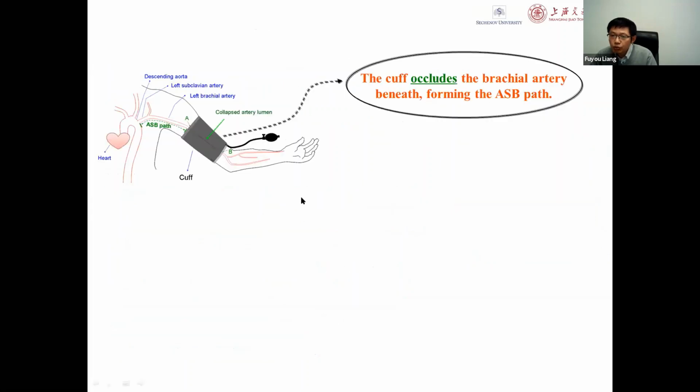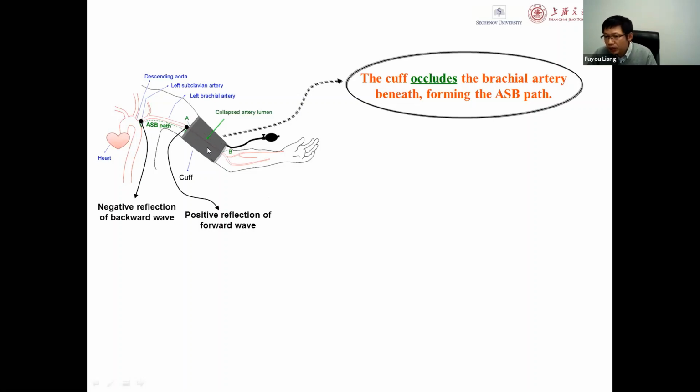To show it more clearly, here I provide a figure. You can see that when the operating pressure of the cuff is much higher than the intra-artery blood pressure, the artery will be occluded and the blood flow through the artery will be blocked, and it will form a path between the aorta and the proximal edge of the cuff. This is the path here, right?